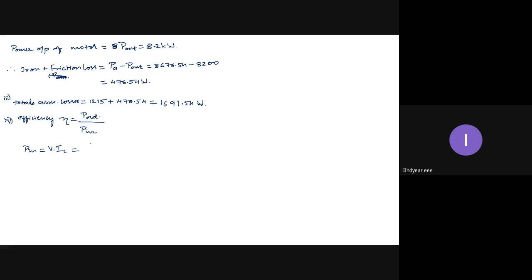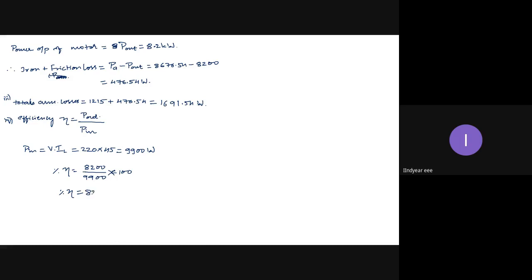V is 220 into 45, which is 9,900 watts. Therefore, motor efficiency is 8,200 divided by 9,900 into 100%, which is 82.82%.